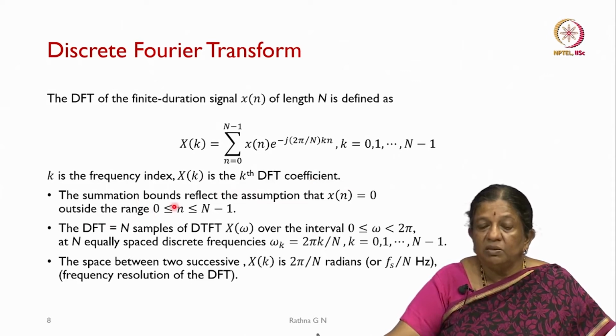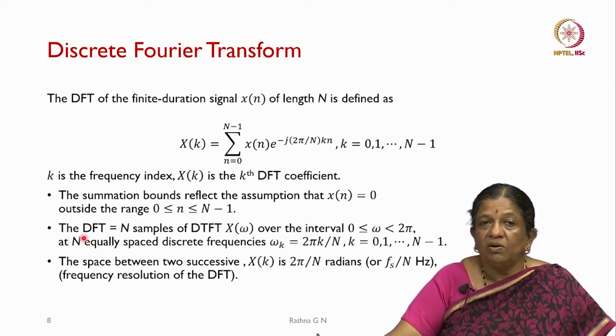The summation bounds reflect the assumption that x of n is equal to 0 outside the range 0 less than or equal to n, which is less than or equal to N minus 1.